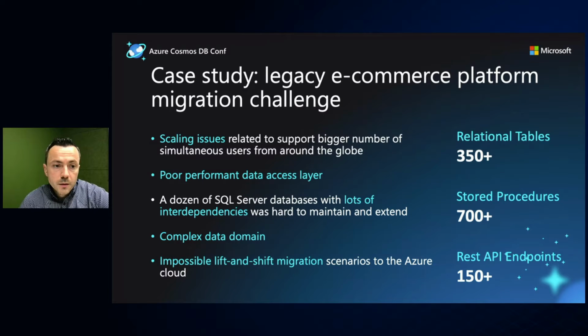There were also a couple of other aspects which made it impossible to perform a lift and shift migration to Azure using Azure SQL or managed instance for SQL Server. That's why the decision was made to migrate to Cosmos database.